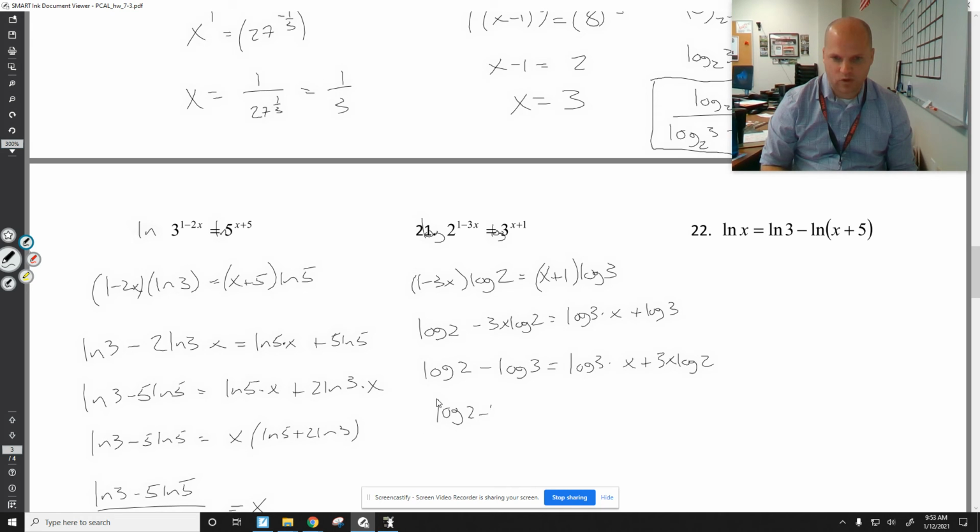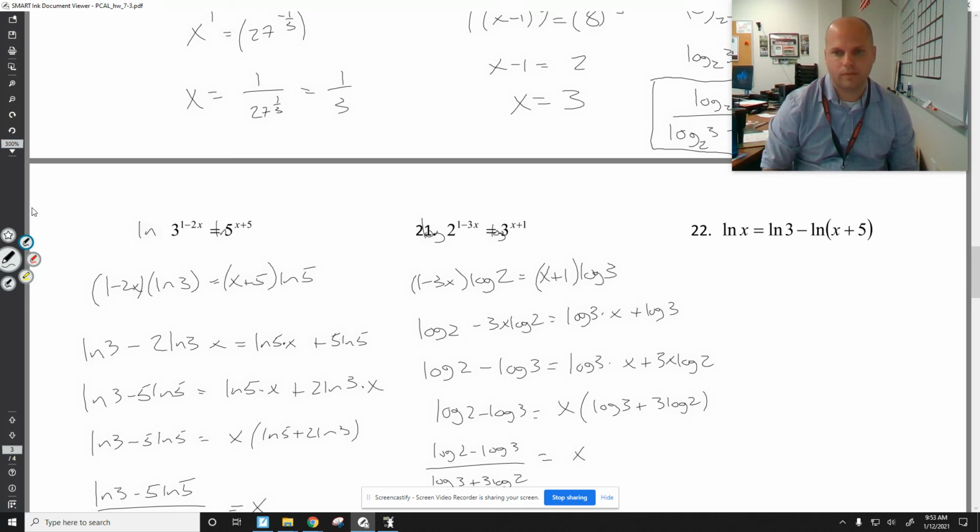Factor out an x from the right side because there's only 1 in both of them. That would be log 3 plus 3 log 2. Divide to get your answer. I get log 2 minus log 3 over log 3 plus 3 log 2.